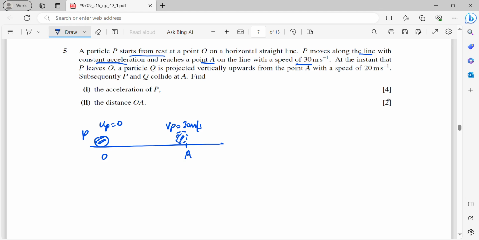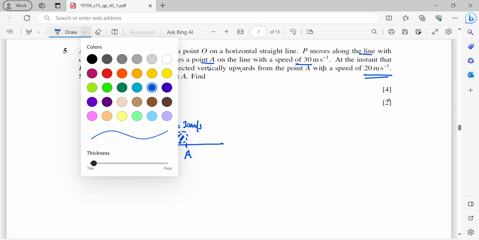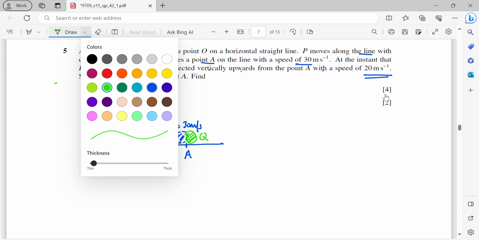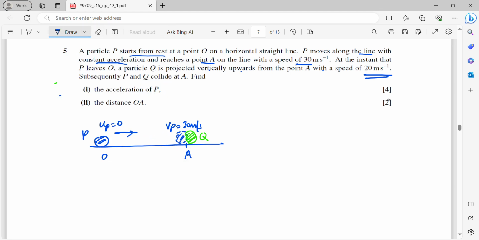Now at the instant that P leaves O, a particle Q is projected vertically upwards from the point A with a speed of 20 meters per second. Okay, which means now here actually there is a particle Q, right? So when P starts moving, this Q goes up, projected upwards with speed UQ.